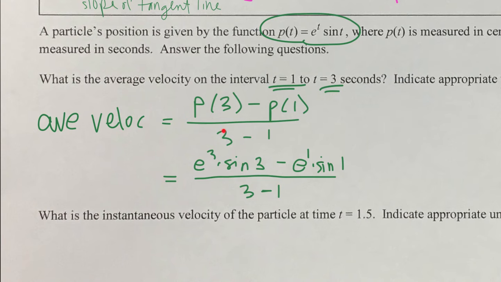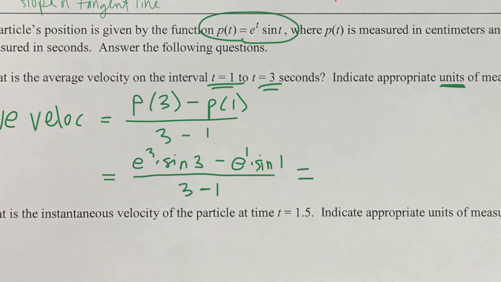We start with the difference quotient, P of 3 minus P of 1, and then we show the substitution into our position formula. And since this is a gross looking thing, I'm going to use a calculator to round the answer to 3 decimal places. My calculator says the answer is 0.274 when I round to 3 decimals.